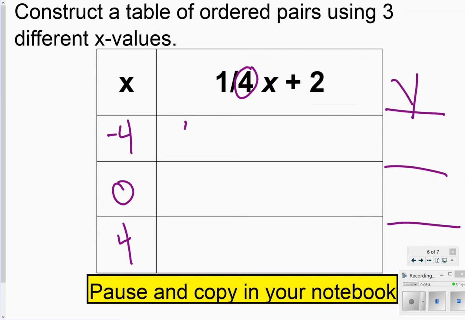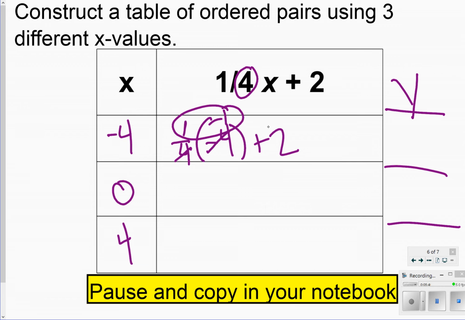So 1/4, let's plug it in. 1/4, where the x is, we're going to substitute this value, -4, plus 2. Well, 4 and -4 cancel to be -1. So 1 times -1 is -1, plus 2. So -1 plus 2, and our value will be 1.